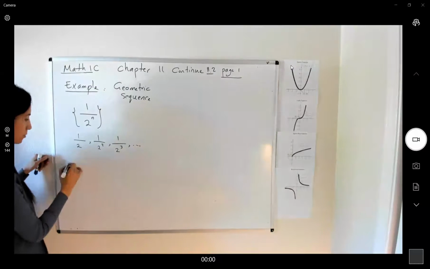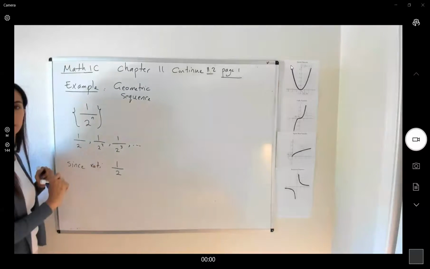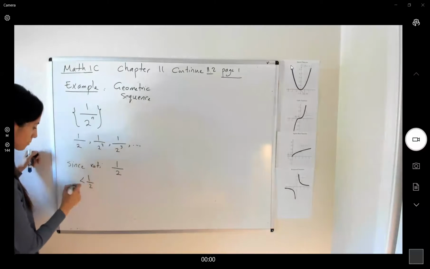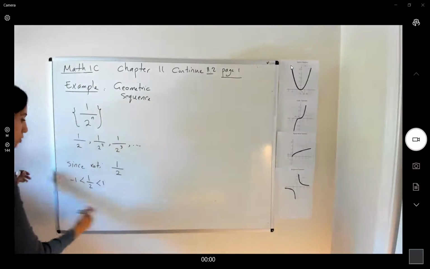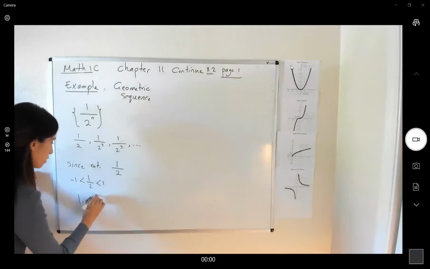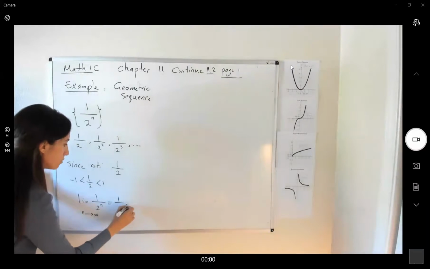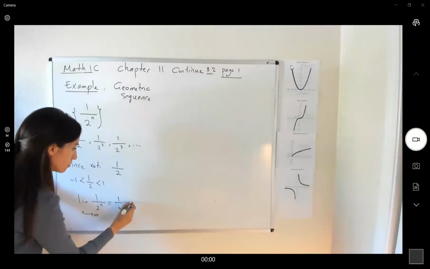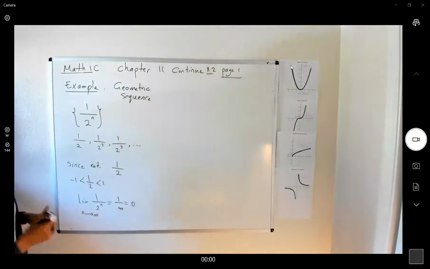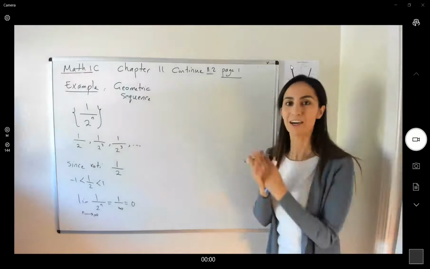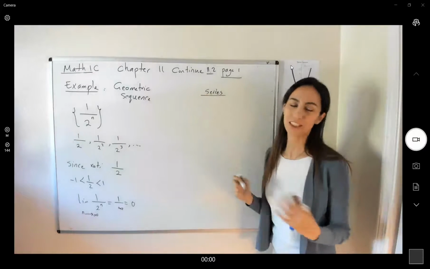Remember that since the ratio is a half, and a half is between -1 and 1, this sequence has limit equal to 0. So the limit of 1 over 2 to the n, as n goes to infinity, is 1 over infinity, which is 0. So you have a convergent geometric sequence. Now we're taking this sequence and adding all of the terms. We're forming a new object, a series.